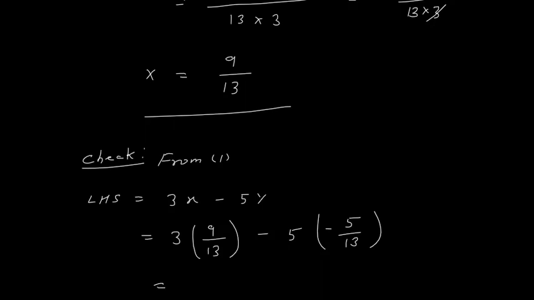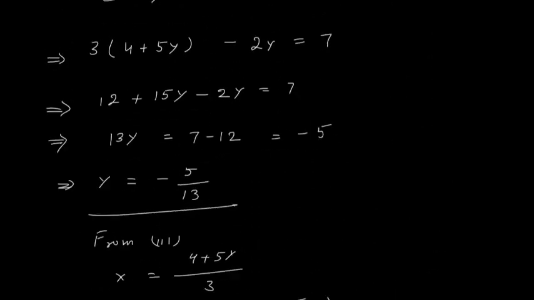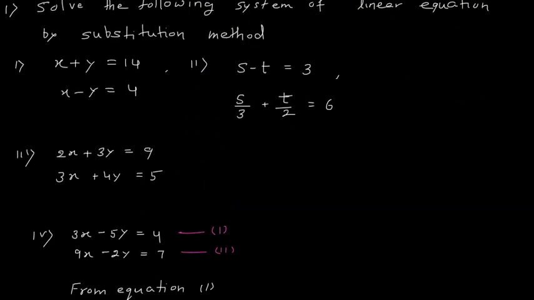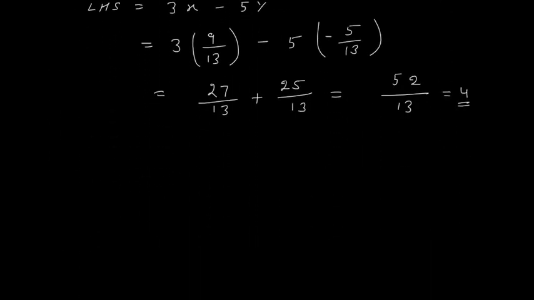So this becomes 27 upon 13 plus 25 upon 13. This calculation comes out to 52 divided by 13. 13 4s are 52, which is 4. Let us see what our first equation is. This is equal to 4. So we are getting the right hand side, RHS.